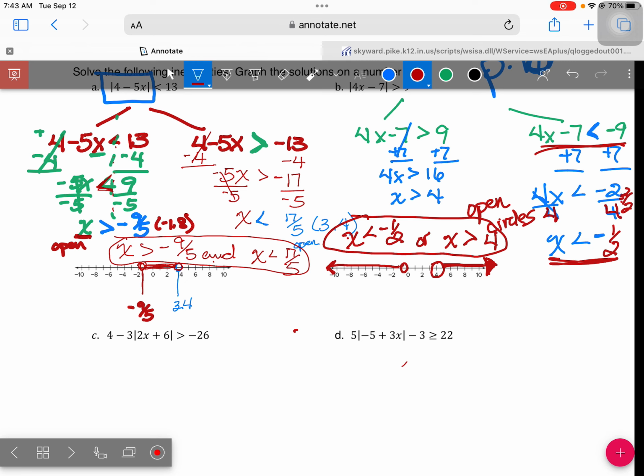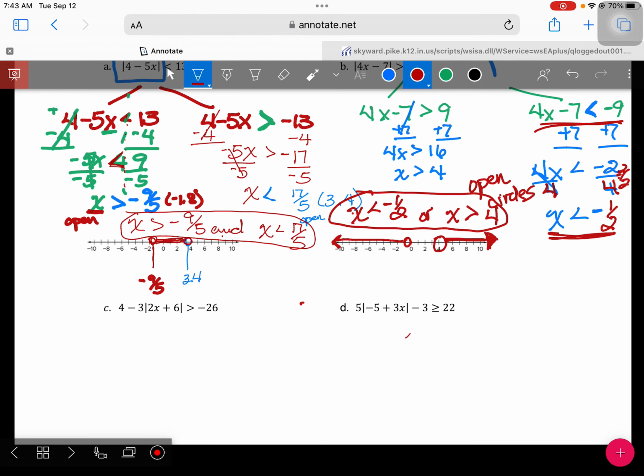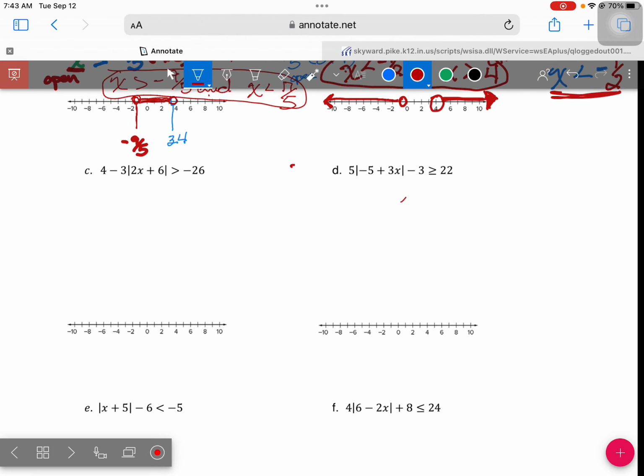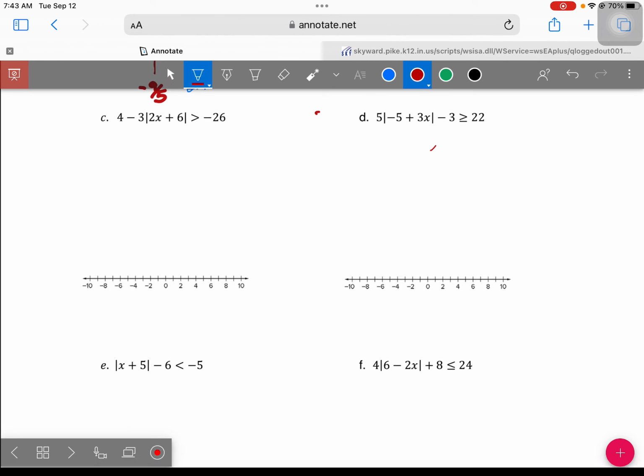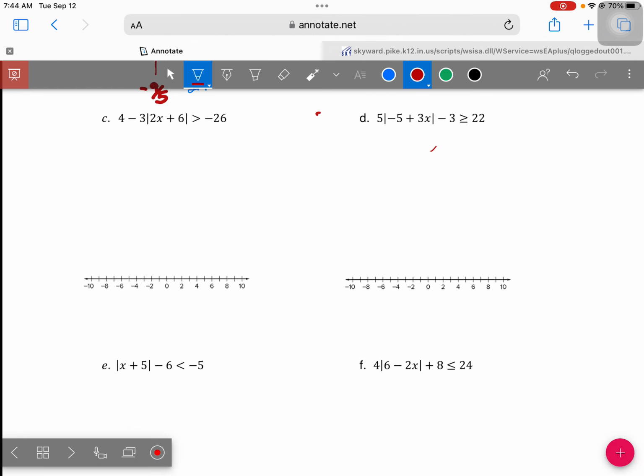So get rid of the 4 first. And that is a positive 4, so I will need to subtract it. Yep. So minus 4, 4's cancel out. Negative 3 times the absolute value, 2x plus 6, absolute value is greater than negative 30.